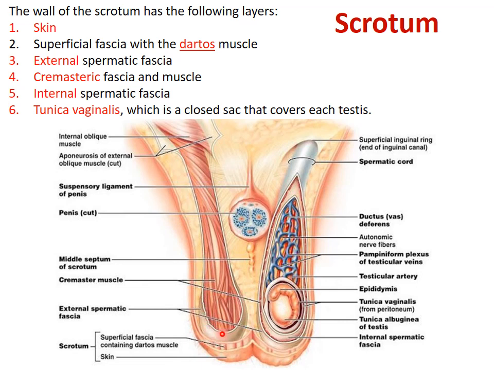So this superficial fascia, this outermost fascia, is actually the downward extension of the aponeurosis of the external oblique muscle. So this is the aponeurosis of the external oblique muscle, right? This is the first fascia, the outermost fascia, coming from the outermost abdominal wall muscle, the external oblique.